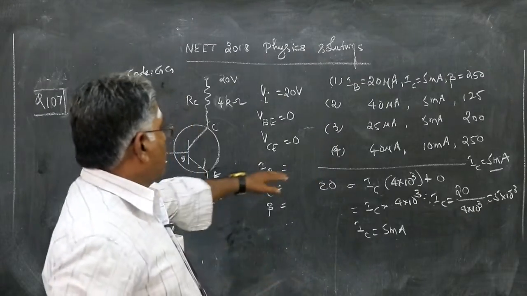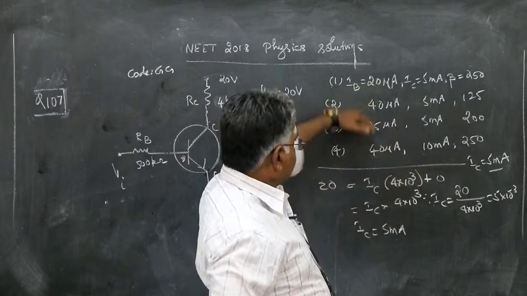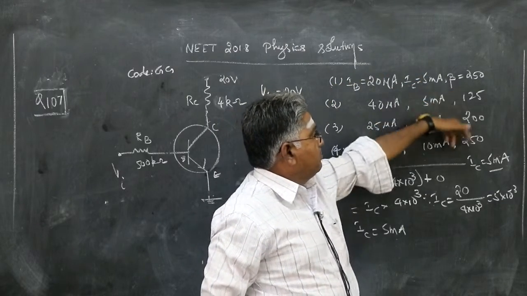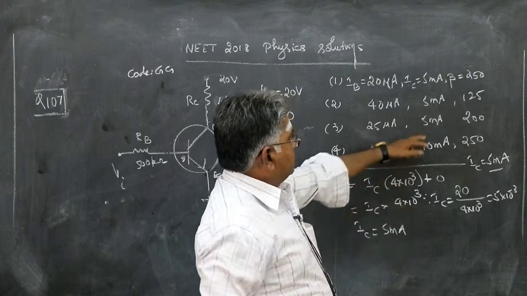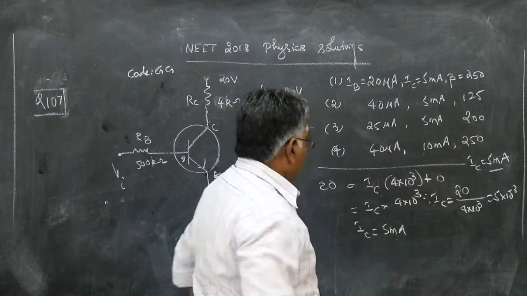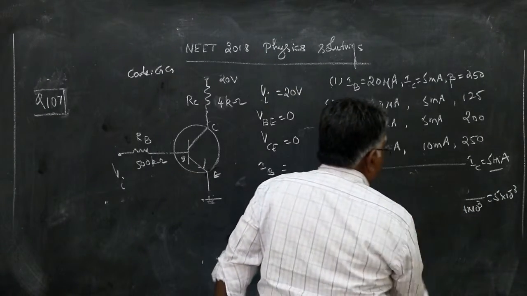So this option is ruled out, of course, because it's given 10 milliampere. These are all the options given, all IB values or IC values and beta values. But there are 3 such options having this IC as 5 milliampere. So we have to find next one as IB. So we see same way.